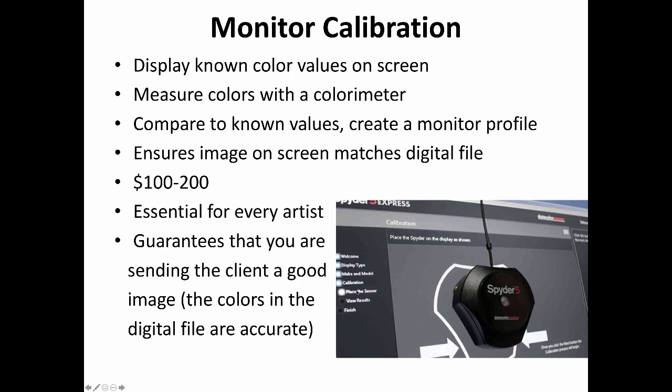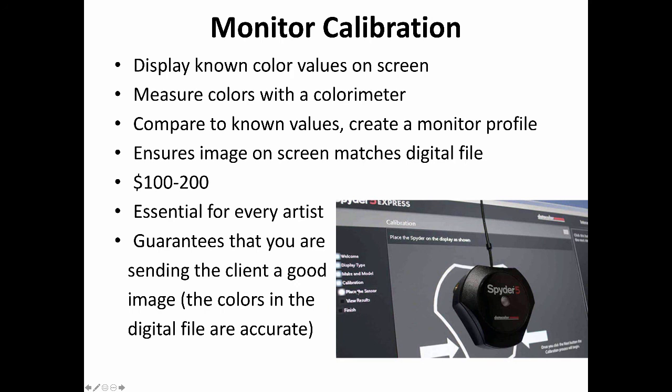So monitor calibration is very similar to printer calibration. You purchase some software along with a device known as a colorimeter. The software displays a series of color values on screen, and the colorimeter then measures those colors that are being displayed on screen.